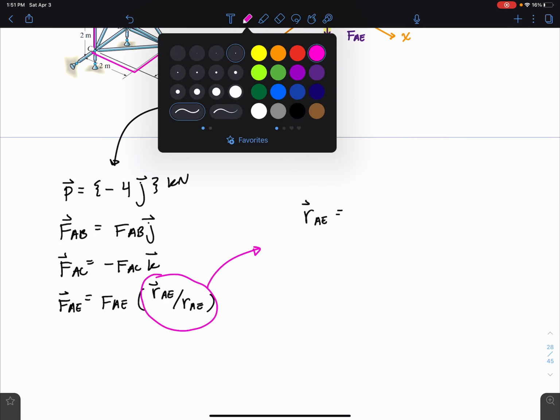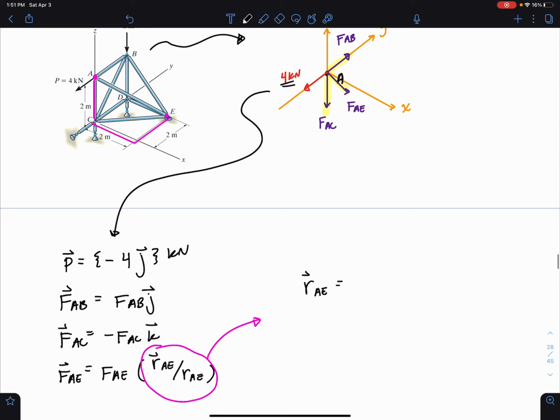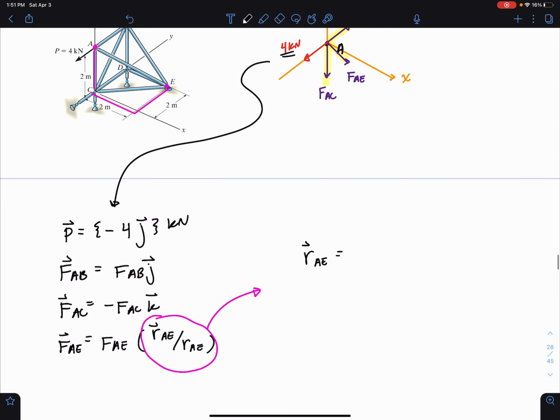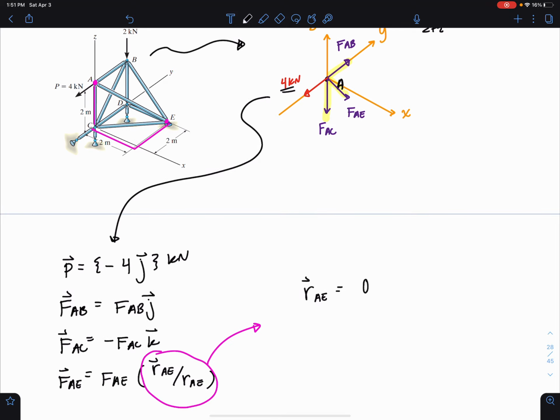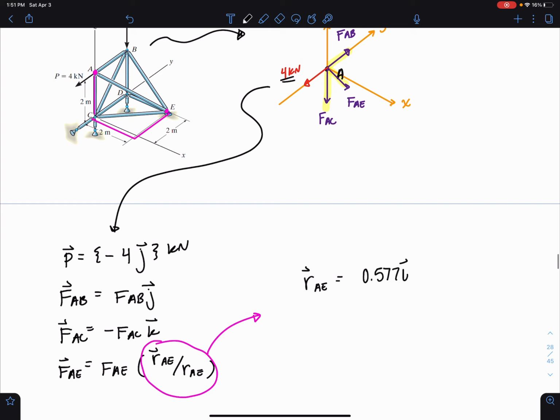So for my position vector, I'd have to travel that diagonal along the x direction to get to point E. So along the i I would have to travel 0.577. Then I'd have to travel another positive 0.577 along the j, and then the same but in the opposite direction, 0.577 along the k.